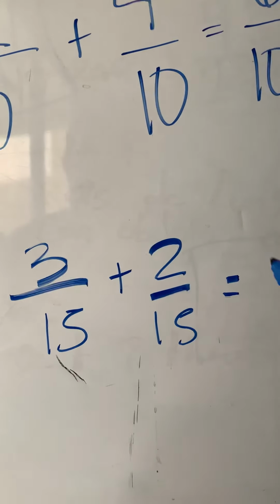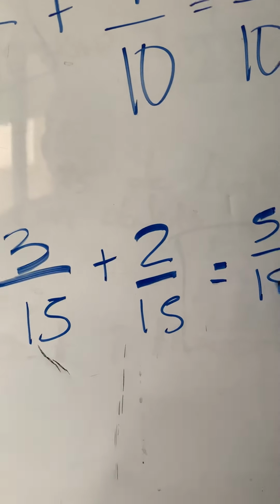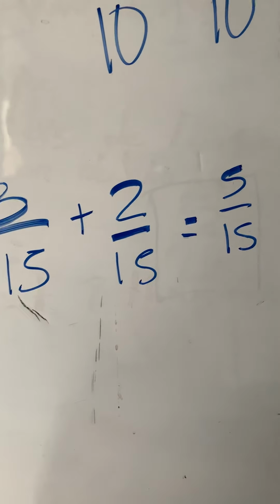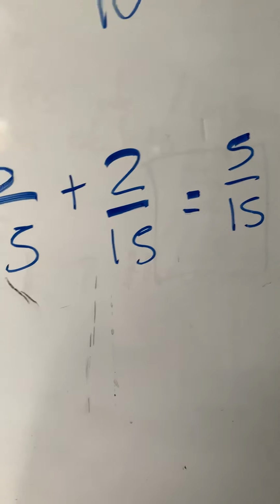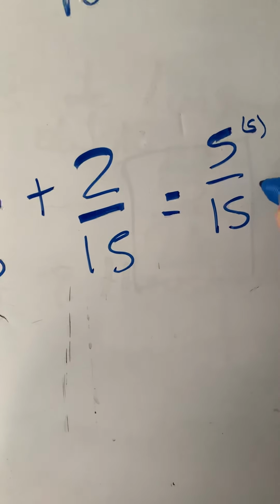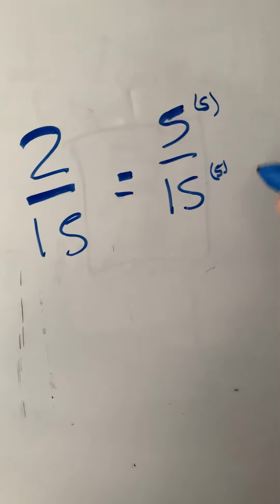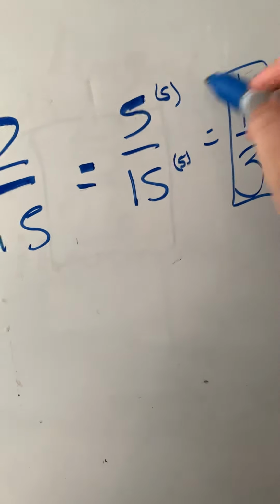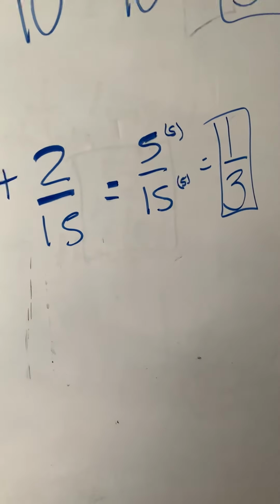As you did last week, you would get 5/15. That is not wrong. But if you look at 5/15, that can be reduced. 5 goes into 5. 5 goes into 15. Your final answer should be in reduced form as 1/3.